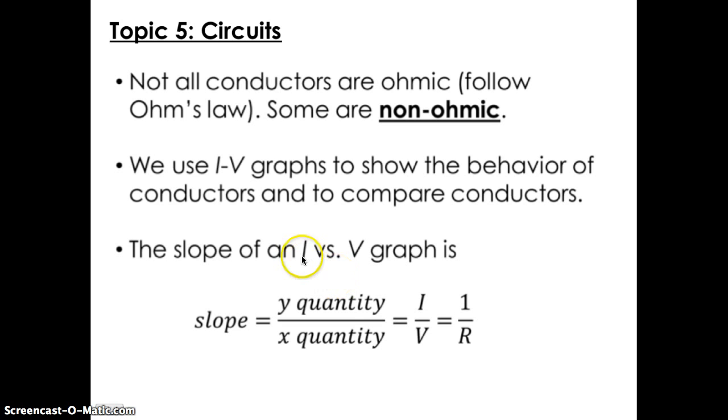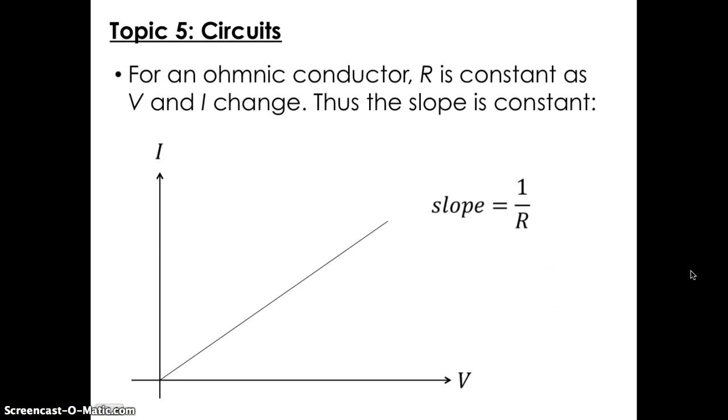So here we have the current on the y-axis and the potential difference on the x-axis. And if you think back to the definition of resistance, resistance is defined as potential difference divided by current. So current divided by potential difference is 1 over resistance. So the slope of an IV graph, a current voltage graph, equals 1 over the resistance.